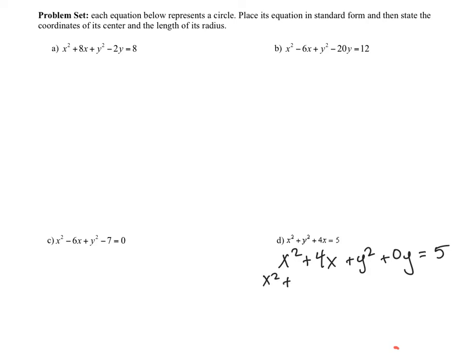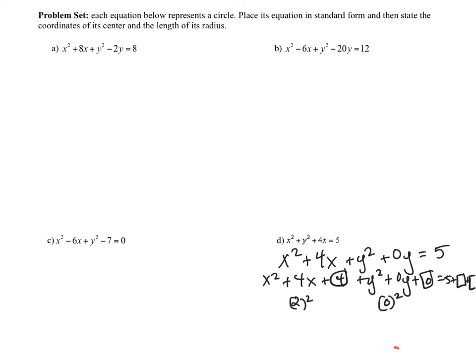Next, I'm going to add my boxes in here. I've got to do 5 plus my box plus my box. Oh no, I'm running out of room. Half square share. Half square share.